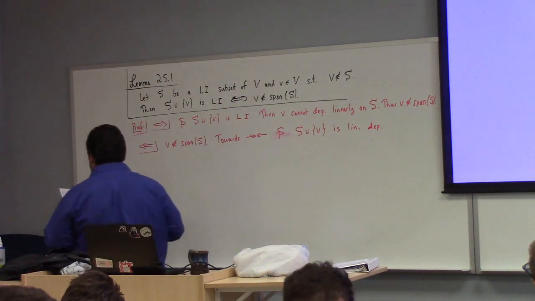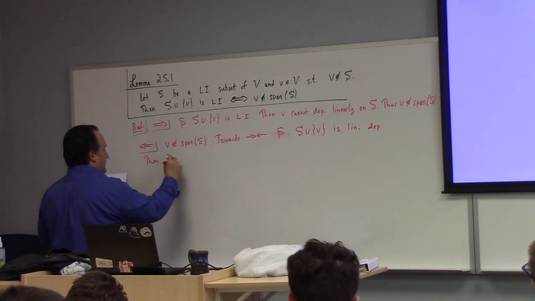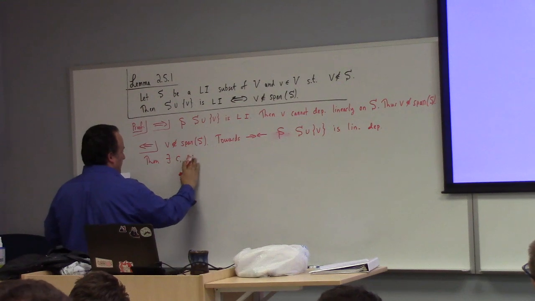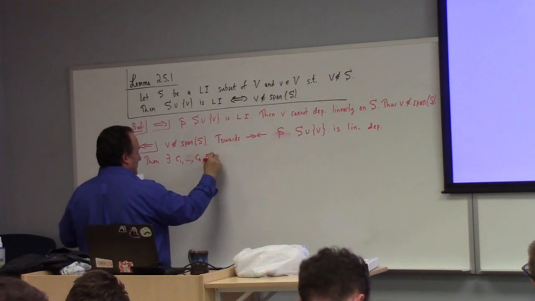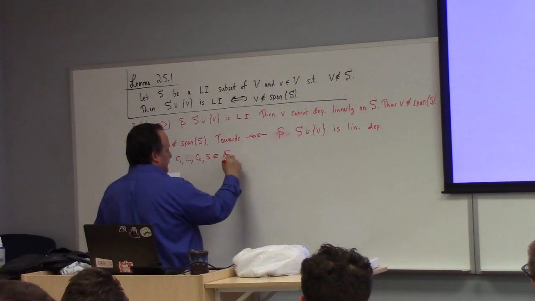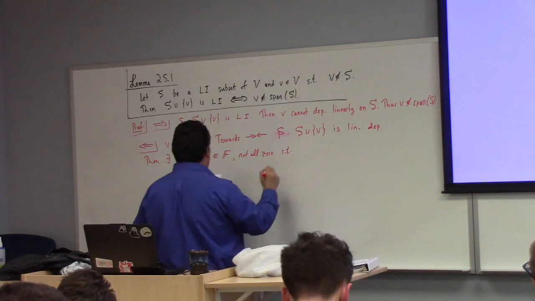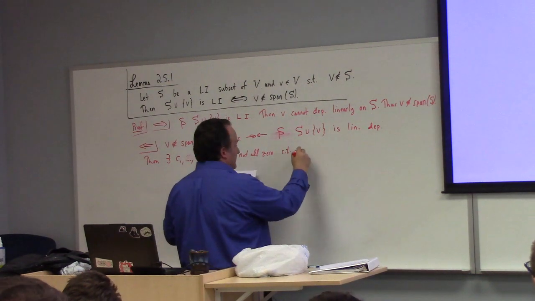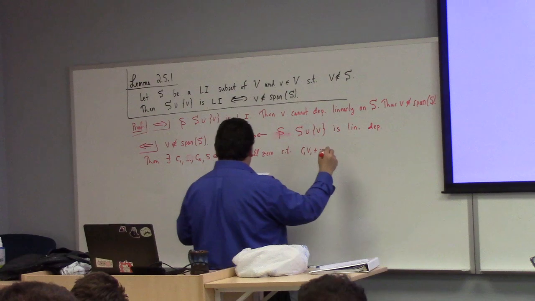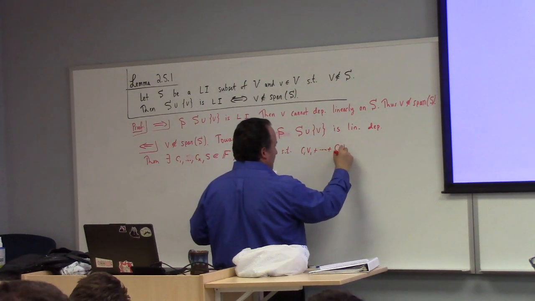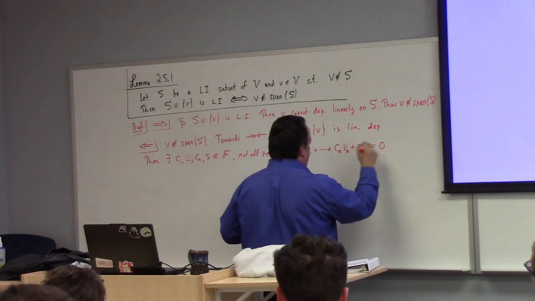Then there exist c1 through ck, and also s in the field, not all zero, such that c1 v1 plus ... plus ck vk plus s times v equals 0.